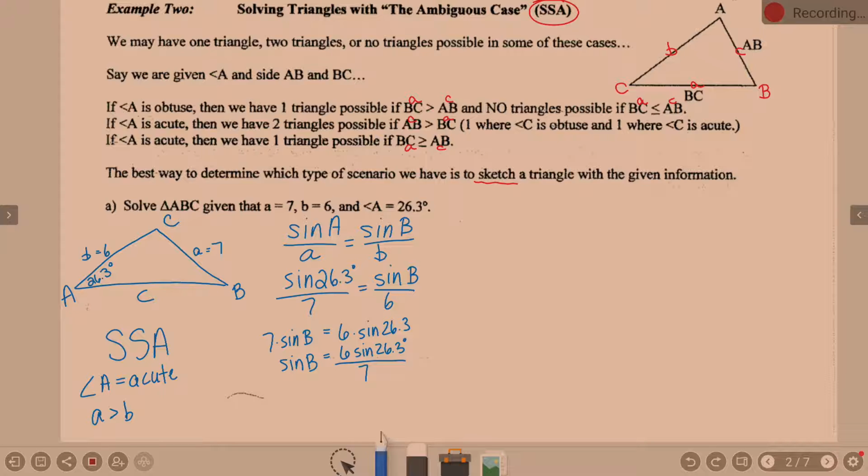This is where we have to pause and think. Right now it says sine B is equal to that fraction. Well, while knowing what sine B is is helpful, in reality what I want to know is, what is B? How do I find B in this situation?